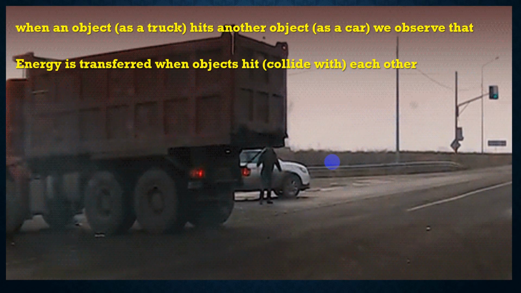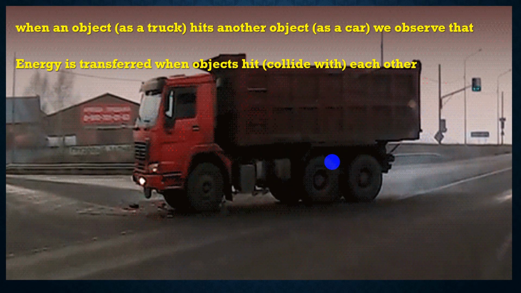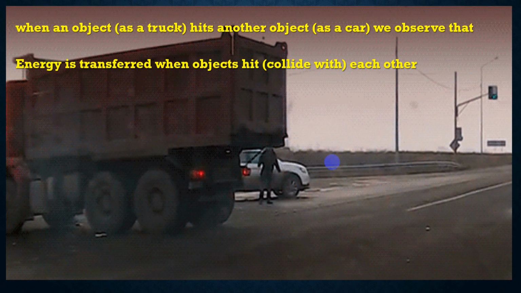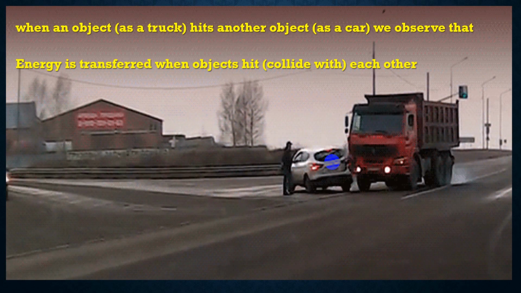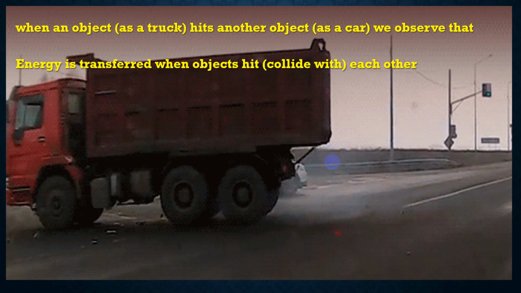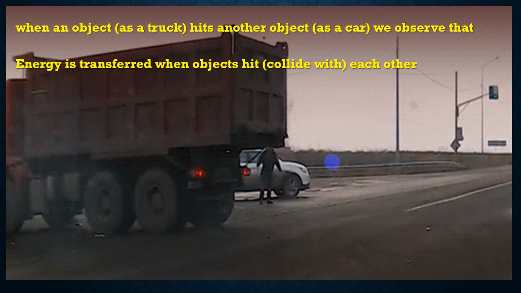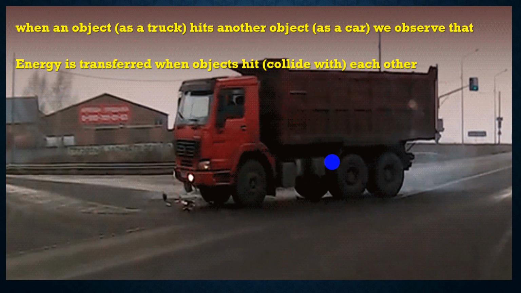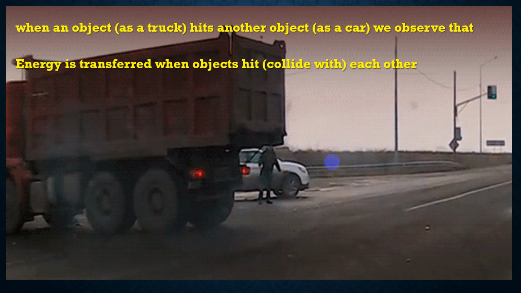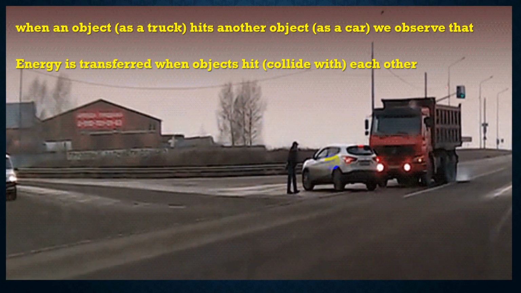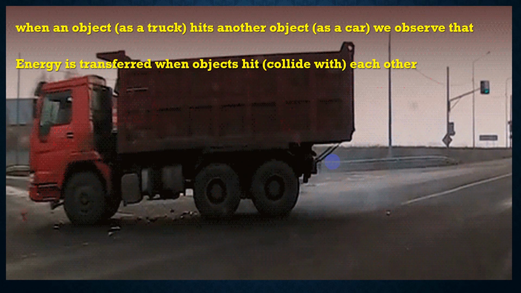We have this truck and this car, and both of them hit each other. As a result of this hitting, energy is transferred. And you know what? Energy is transferred from the one that has more energy to the one that has less energy.